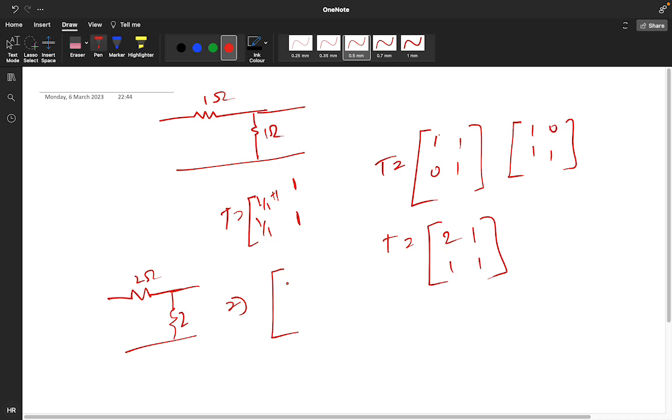Quickly, 1 will come, this 2 will come, this 1 by 2 will come, these both are multiplied, so 1 is coming, and 1 plus 1 we are getting as 2. 2 1 by 2 1. You got it, Prasanna? You got it? Yeah. Okay, that's good.